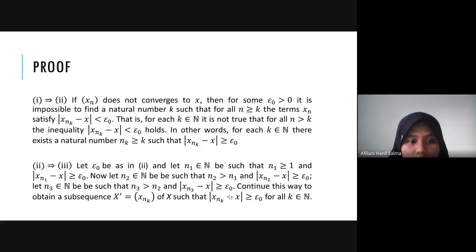And let n_3 be such that n_3 is greater than n_2 and the absolute value of x_{n_3} minus x is greater than or equal to epsilon_0. Continue this way to obtain the subsequence X' = (x_{n_k}) of X such that the absolute value of x_{n_k} minus x is greater than or equal to epsilon_0 for all k in natural numbers.